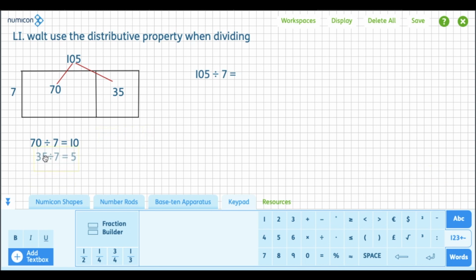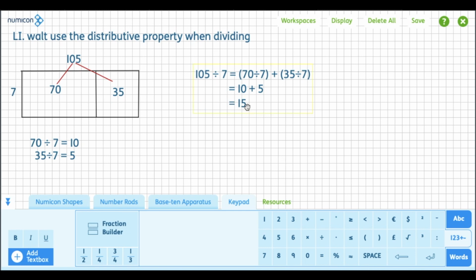Okay. So all I've done to my question is I've distributed it to make it a little bit easier. So instead of having 105 divided by 7, I've done 70 divided by 7 plus 35 divided by 7 is equal to 10 plus 5, which is equal to 15.